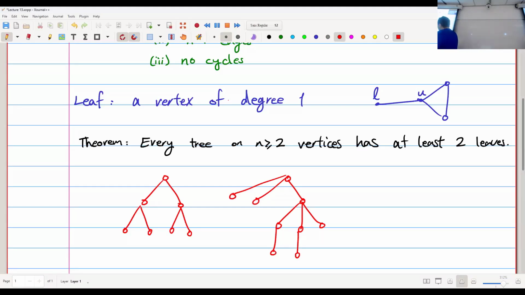Actually, these trees have much more than 2. So here I have 4 leaves. Here I have 1, 2, 3, 4, 5 leaves. So I want you to prove that every tree has at least 2 leaves, assuming that it has enough vertices. Of course, the tree on one vertex cannot have 2 leaves, but if it has at least 2 vertices, then it has at least 2 leaves.